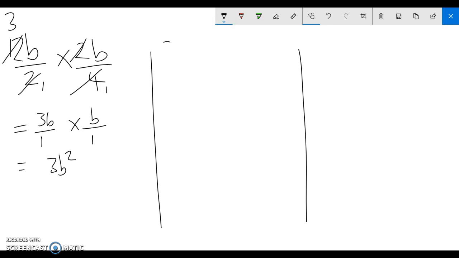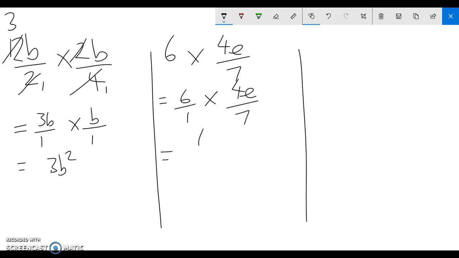Alright, let's do another multiplying one. We're going to do 6 times 4e on 7. Now don't be worried by letters, they're just the same as numbers, really. If you've ever got a number like 6 that doesn't have a denominator, just make it 6 over 1. So that's 6 over 1 times 4e over 7.